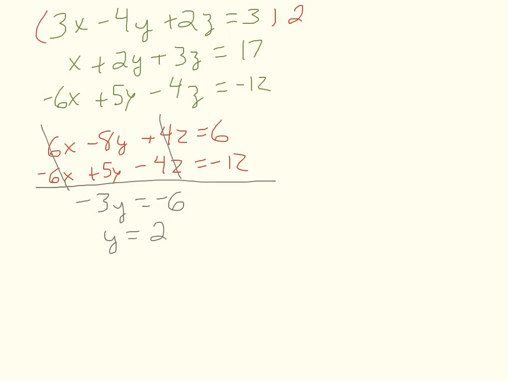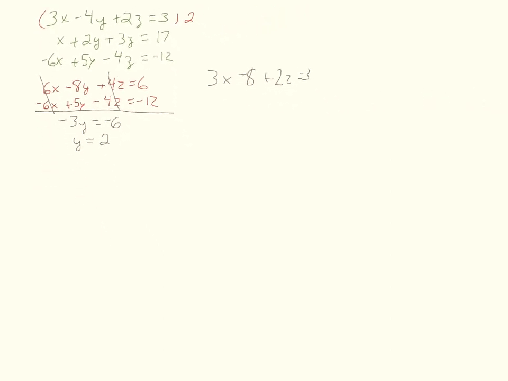Okay? Now the question is, what do we do from here? Because we still don't know what x and z are. So I can consider the first equation again, which is 3x minus, now we know how much y is. So negative 4 times 2 is 8. So minus 8 plus 2z equals 3. And let me rewrite that because that one looks kind of messy.